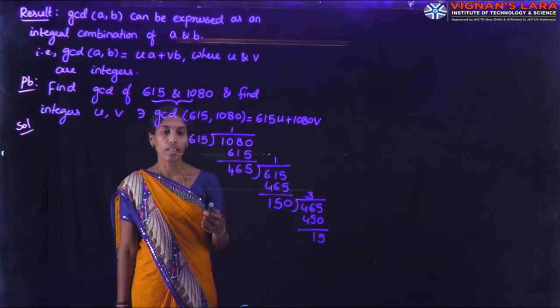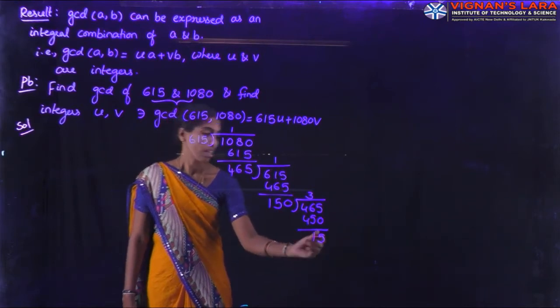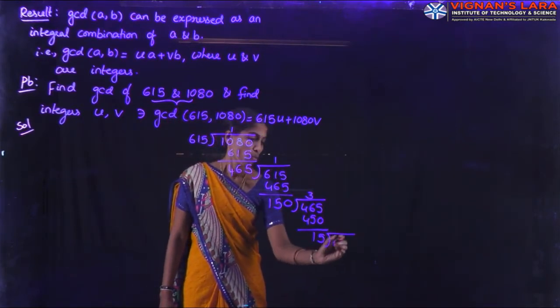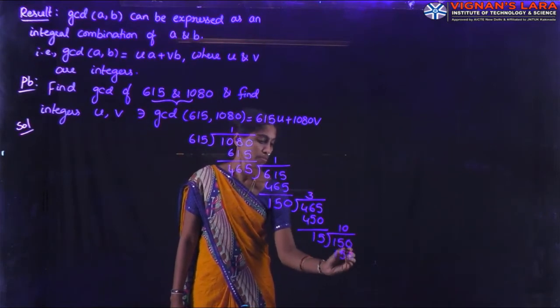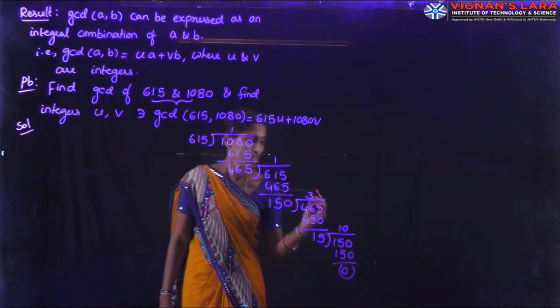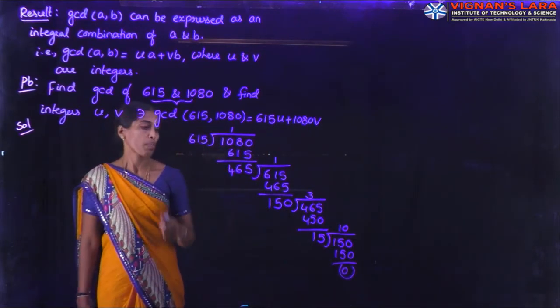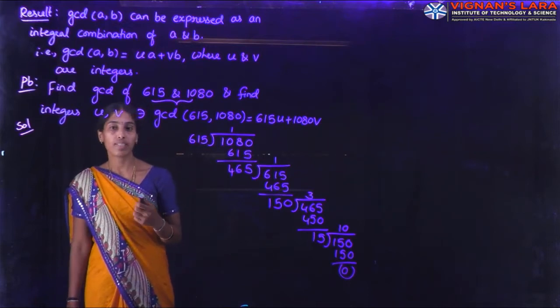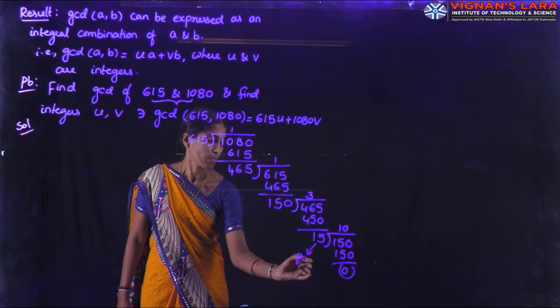Every time we need to divide the previous divisor using the remainder. So 150, 10 times, 0, right? So what is the GCD of these two numbers? The last non-zero remainder is the GCD of these two numbers. This 15 is the GCD, right?